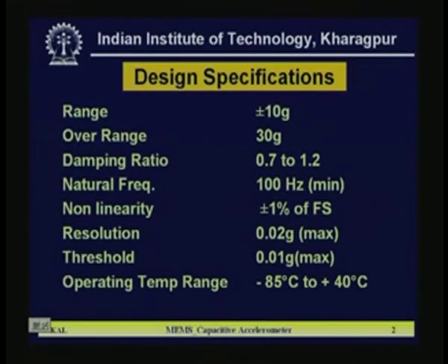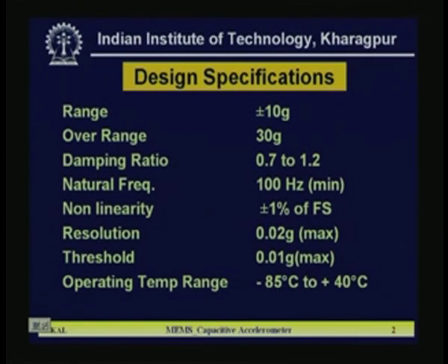Now, the design specifications of that accelerometer: the range is plus minus 10 G, and the over range is 30 G, that means up to 30 G there is no destruction of the device, it should withstand.